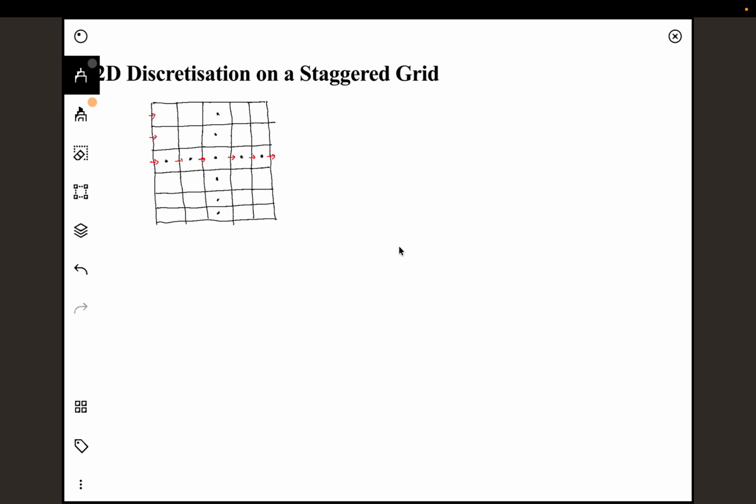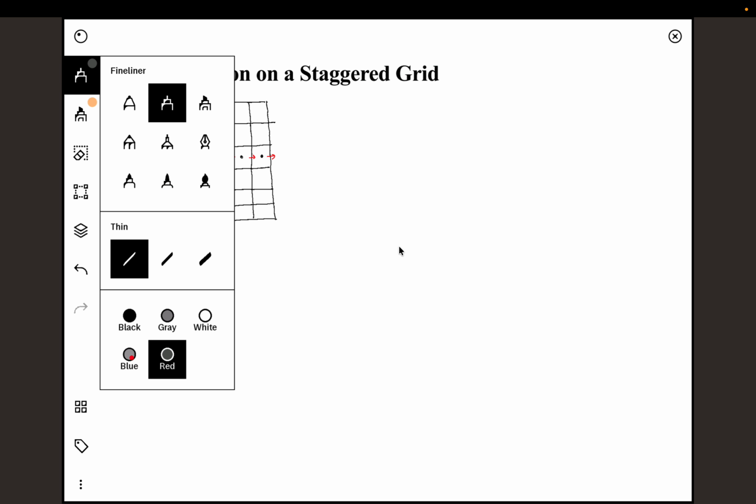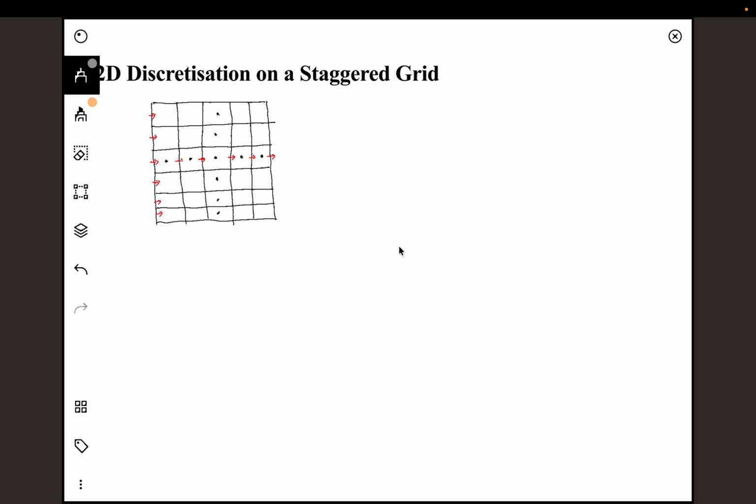Similarly on the boundaries, you can see that we'll have only 1, 2, 3, 4, 5, 6, 7, 6 of these, and we do not have anything on this boundary here. And then we have the other vertical velocity, which will be on the vertical faces.